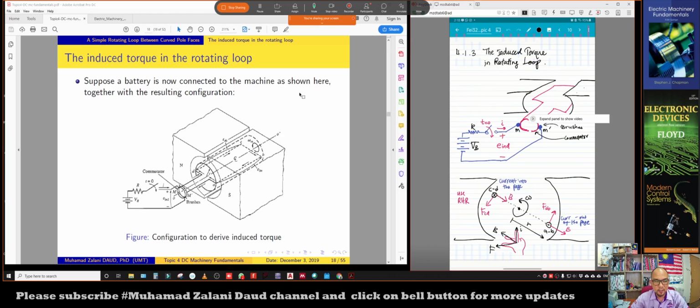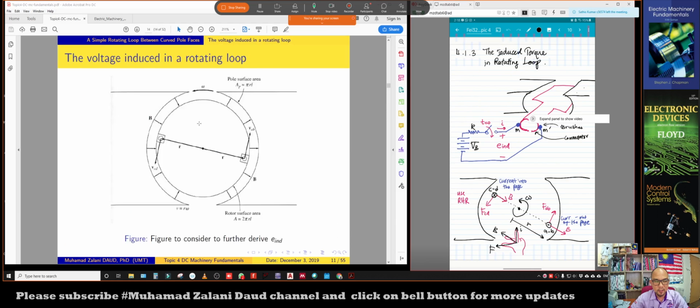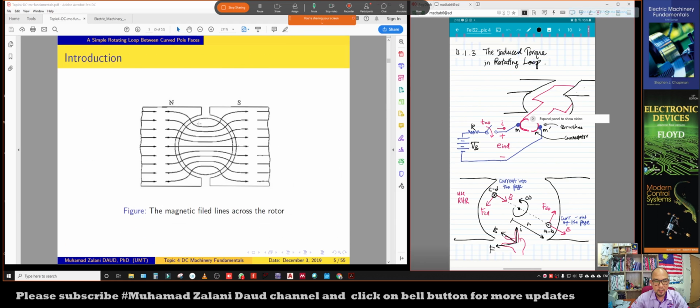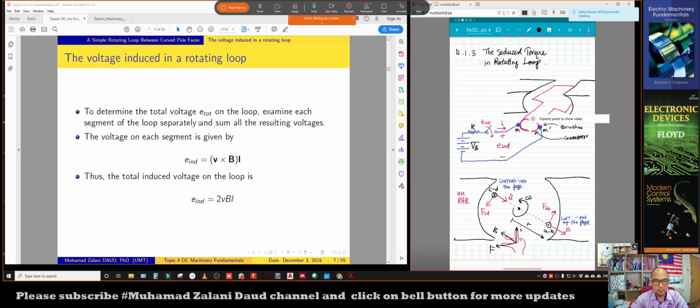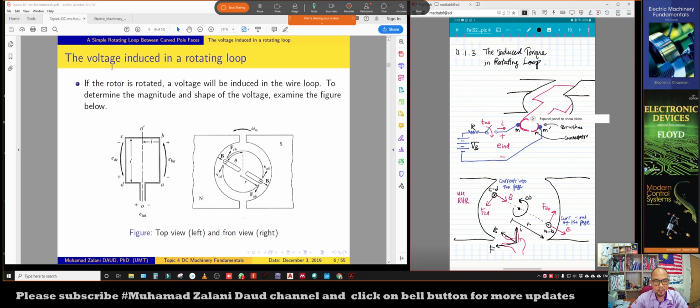Okay, so before this, we have discussed the induced voltage, from slide 6. We have discussed the voltage induced in a rotating loop.